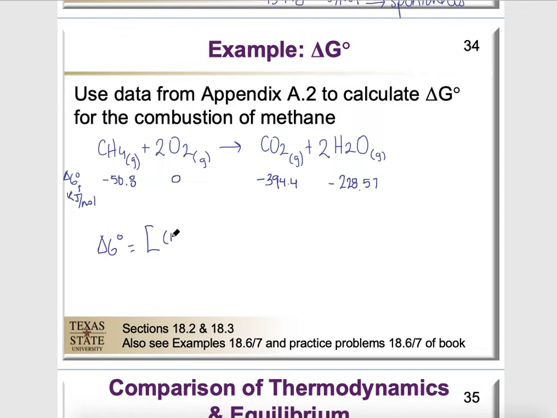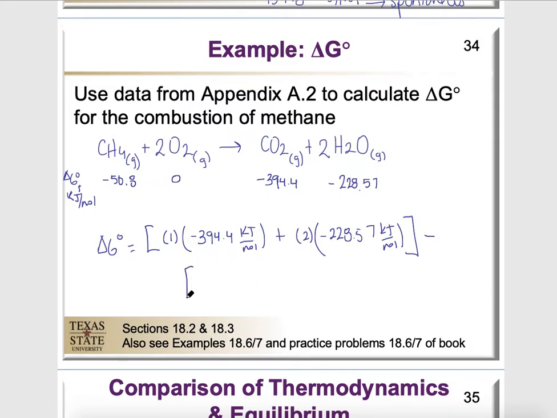I have a coefficient of 1 times my Gibbs free energy change, which is negative 394.4 kilojoules per mole, plus my other product, which has a coefficient of 2 for that water, times the negative 228.57 kilojoules per mole, close bracket for my products.